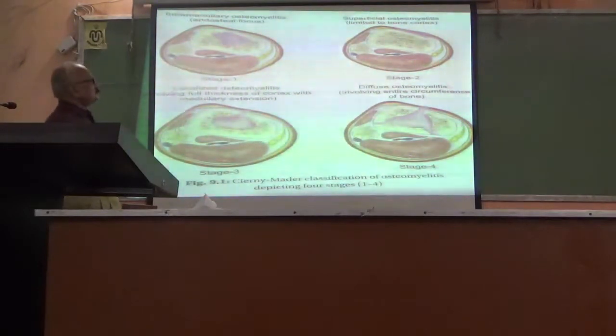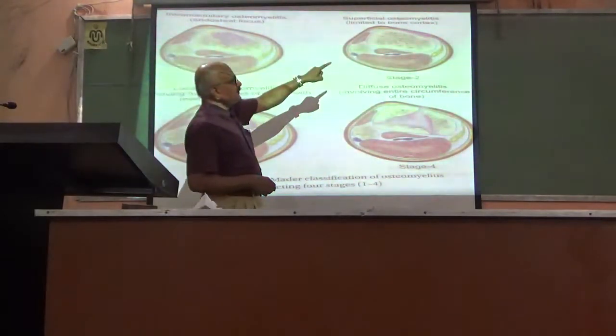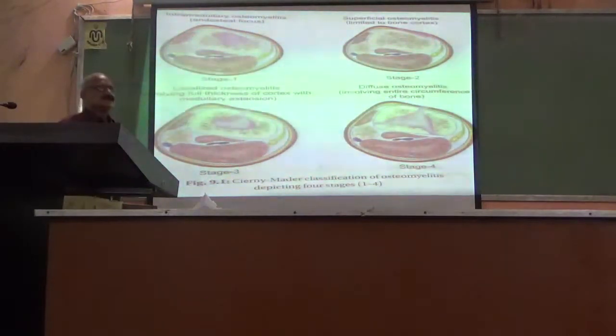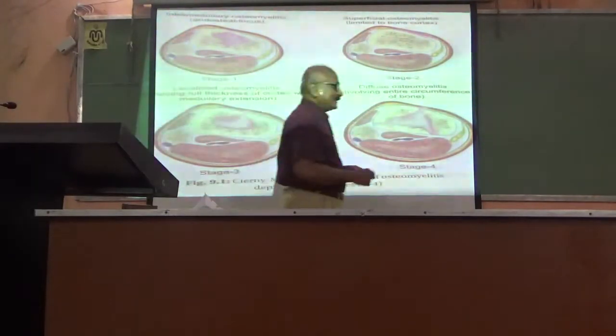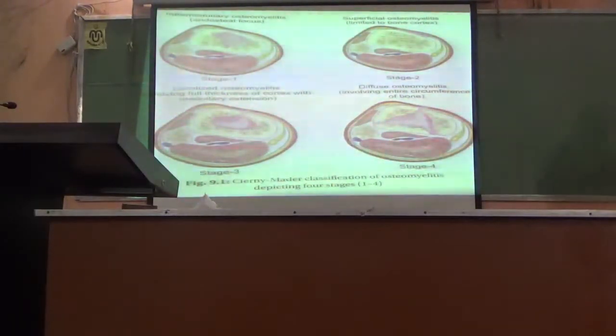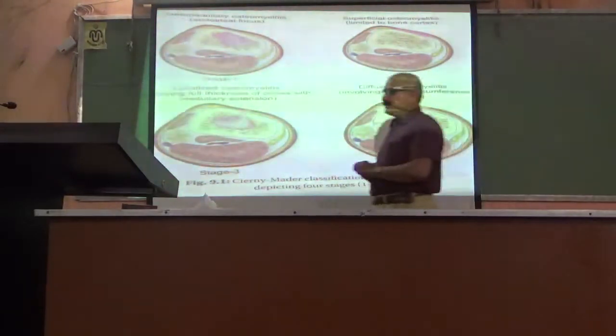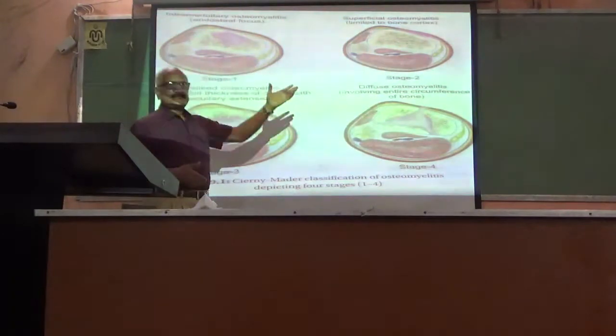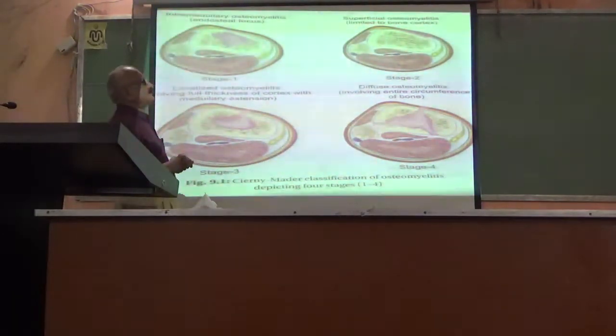Then in stage 2, it has become more spread, and you see the spread has gone inward to the cortex of the bone. The infection which was earlier in the medullary canal has spread, so this is in fact a stage of osteitis.